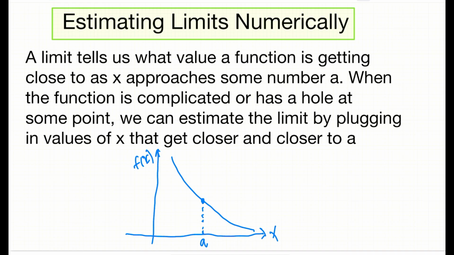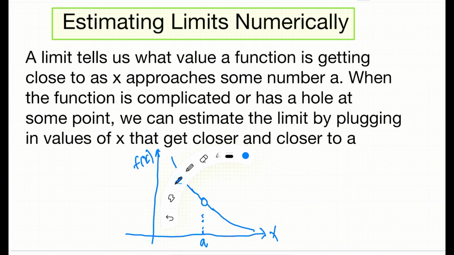But let's say that the function there does something kind of crazy. Maybe it blows up or is undefined. There's a lot of functions that do that. So we're going to take that out and put in a circle there because we don't know exactly what's happening. It may go up or down, we don't know. It's undefined in some way.